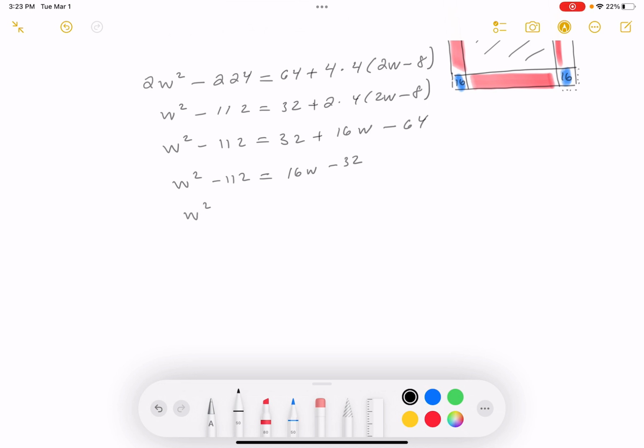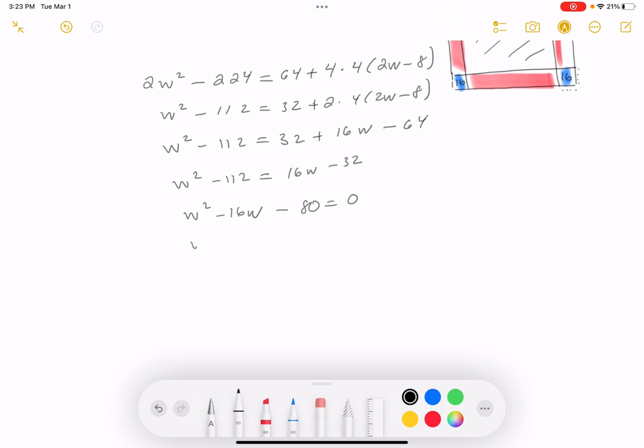W squared minus 16W, and I got the tough part: I've got to add 32 to both sides. That's going to be minus 80. Before I say that, I want to check it. 80 and 32, yeah, looks pretty good.